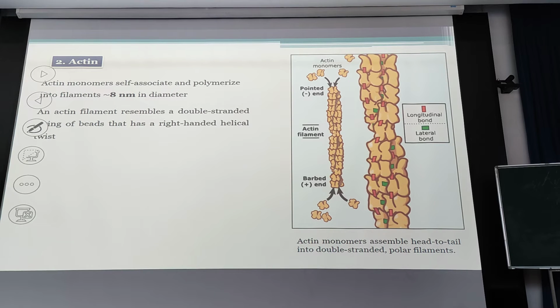The actins resemble a double string of beads that have a right-handed helical twist. So two strings of actins twist together to make the microfilaments.